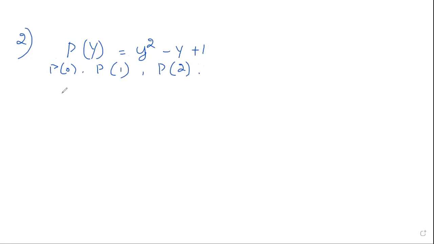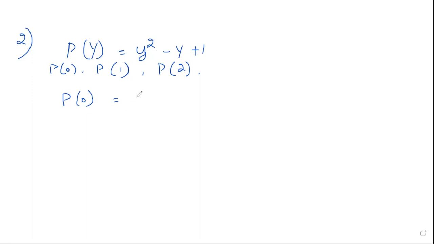Okay. First, P of 0, children. Substitute the values for y. Here, which is the variable here? Y is there. So whichever variable is there, we should substitute the values in the place of that variable. So here the variable is y. So substitute the value for y.